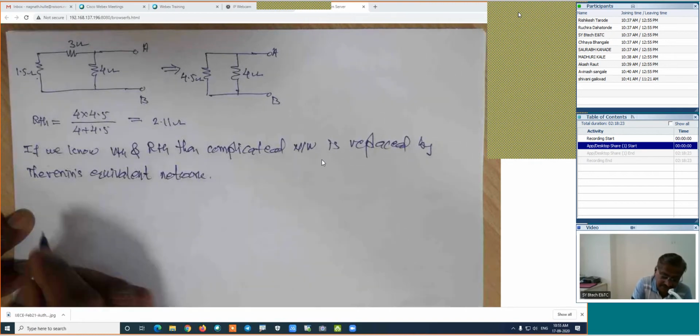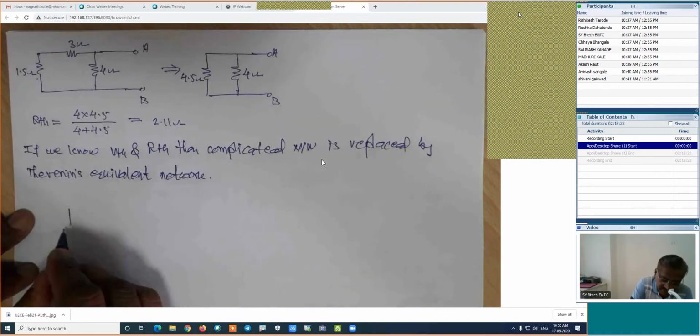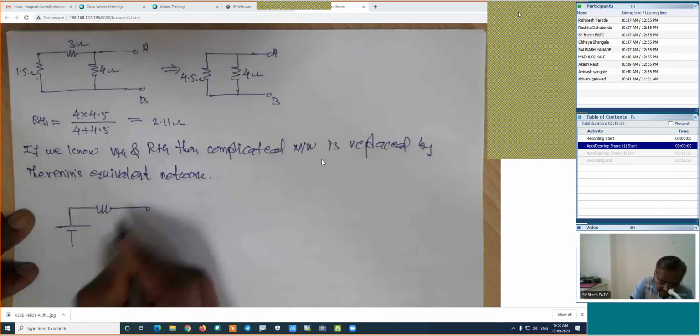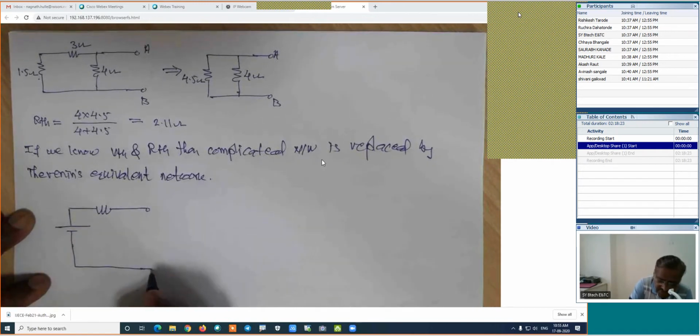This is right. How is the Thevenin's equivalent network? It is something like this. And reconnect the load resistance which was removed in step number 1.